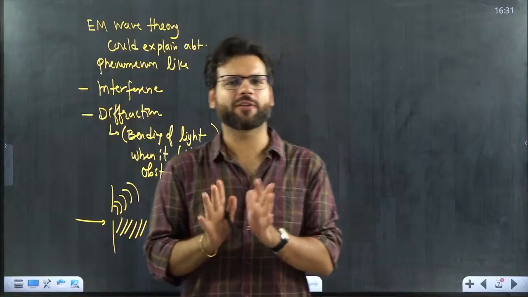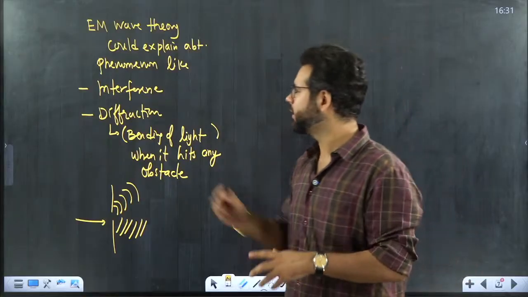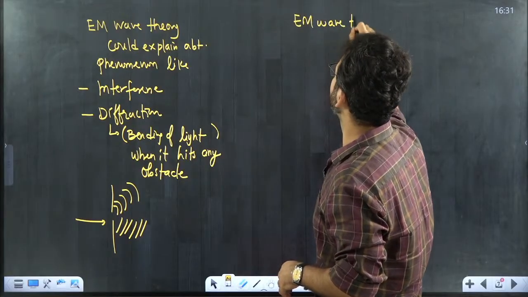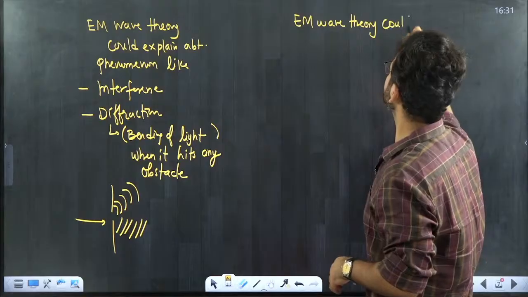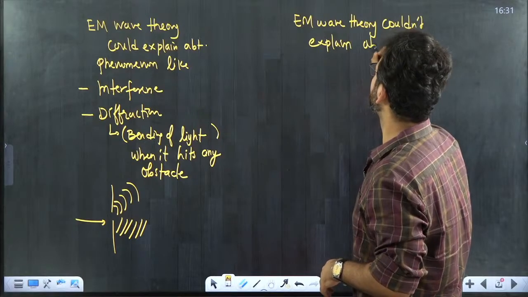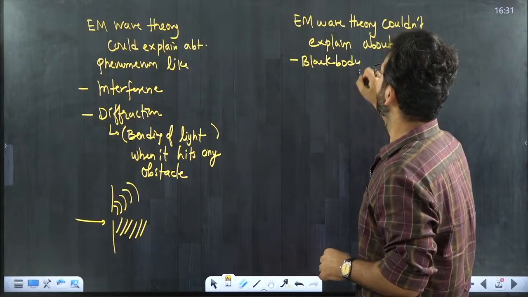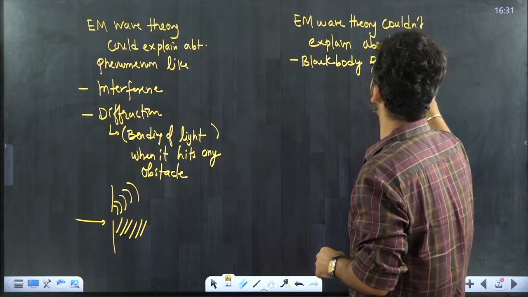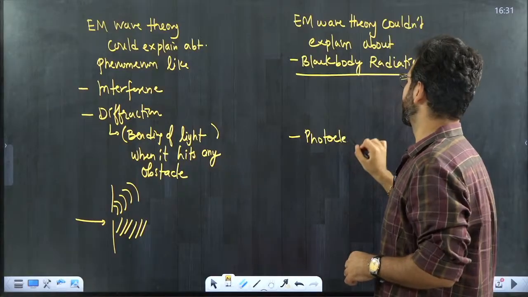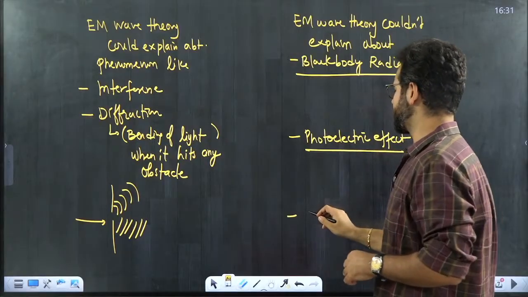But these two things are completely physics, that electromagnetic wave theory could tell light is in the form of wave by explaining these two phenomena, but it could not explain phenomena like black body radiation, photoelectric effect, and why the hydrogen spectrum is discontinuous in nature.